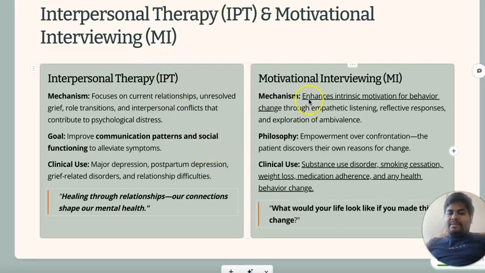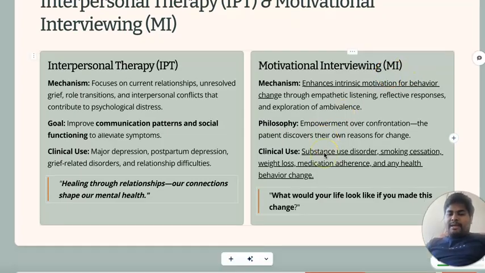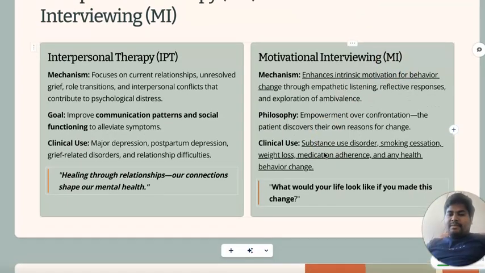Okay, and similarly we have motivational interviewing. It's used for substance use disorder, smoking cessation, weight loss, medication adherence, and any behavioral change thing. What we do here is we enhance the person's motivation so that he or she will opt for behavioral changes.